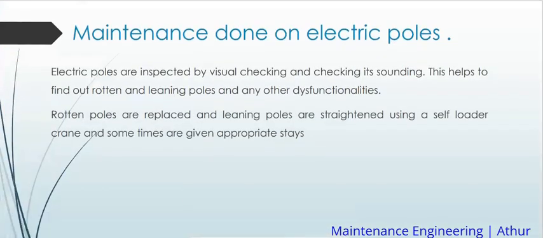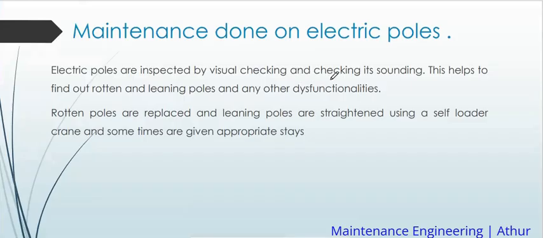Maintenance done on electric poles: poles are inspected, visually checking, and checking by sounding. This helps to find out rotten and leaning poles and any other dysfunctionalities. This is the last one.